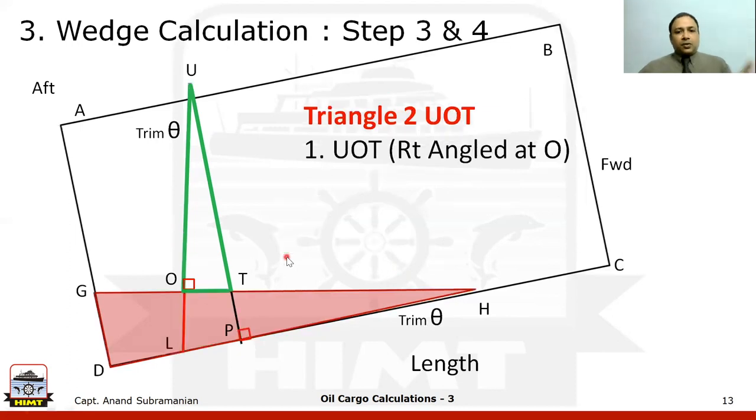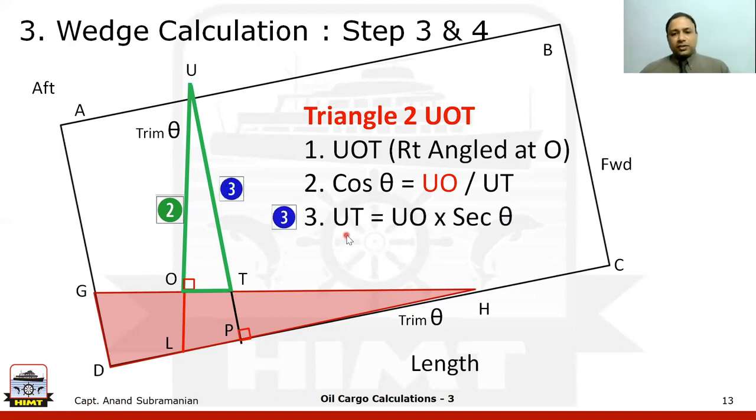Now, going further, in the next triangle we are going to consider triangle UOT, right angled at O. We already have the value of this UO, the observed ullage, from the previous step. Using this triangle, and we know that this angle is theta, which is trim theta, cos theta is equal to UO upon UT. UT is the hypotenuse over here.